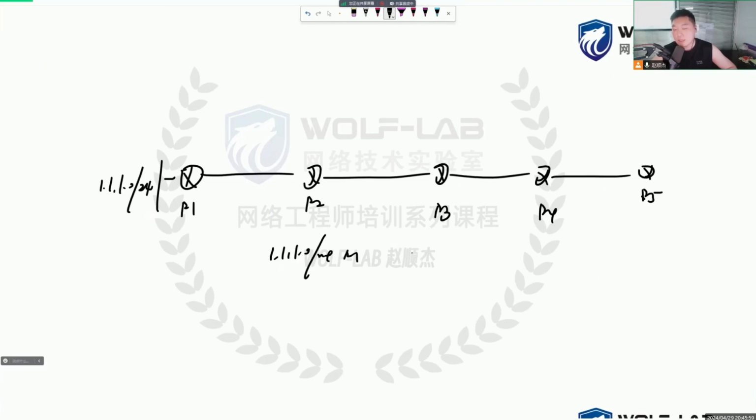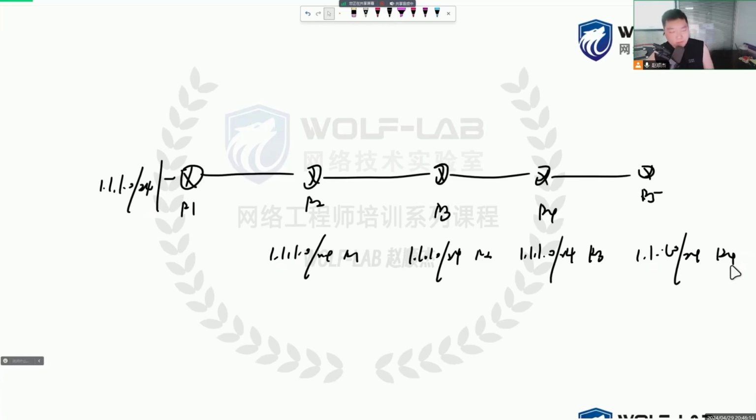R3's 1.1.1.0/24 routing entry has the next hop pointing to R2. R4's 1.1.1.0/24 routing entry has the next hop pointing to R3. R5's 1.1.1.0/24 routing entry has the next hop pointing to R4.